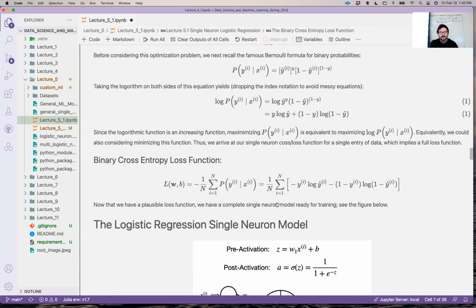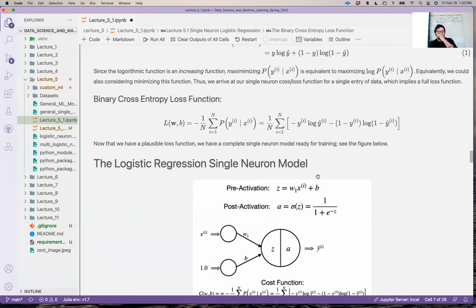So it looks like this. This here is called the binary cross entropy loss function. The name entropy is related to several things in machine learning, but also it comes from physics as well. And this is related to problems in physics, and I'll maybe even include a link for this on my GitHub page.